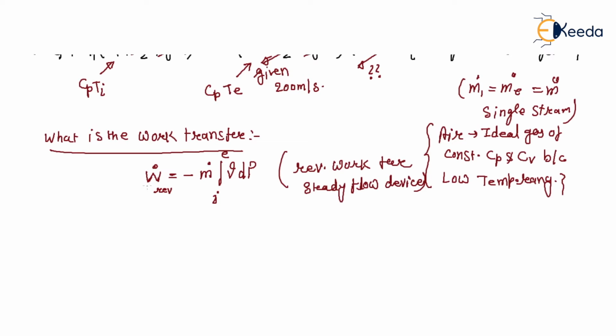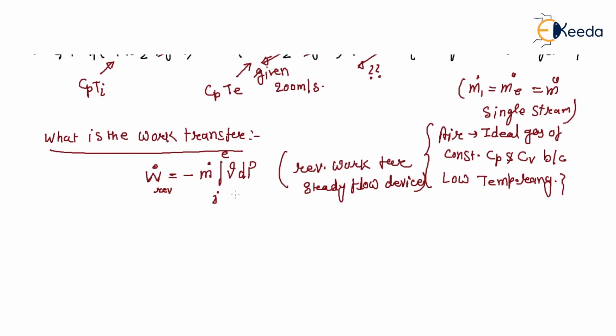Because any reversible process is constituted of very small reversible isothermal and reversible adiabatic steps. So for any reversible process, a combination of reversible isothermal and reversible adiabatic processes, we can apply this work transfer formula for a reversible steady flow device.